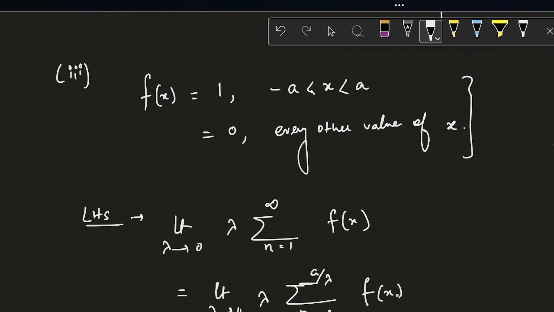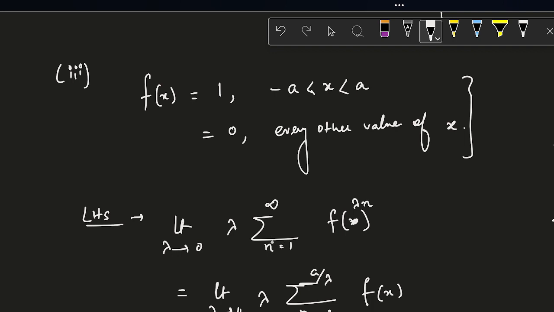And how am I saying that? Because here we saw that f of x equal to 0 at the boundary point x equal to plus minus a. So in this case we know that our x equal to lambda n. I forgot to put that here, so it is not x, it will be lambda n.